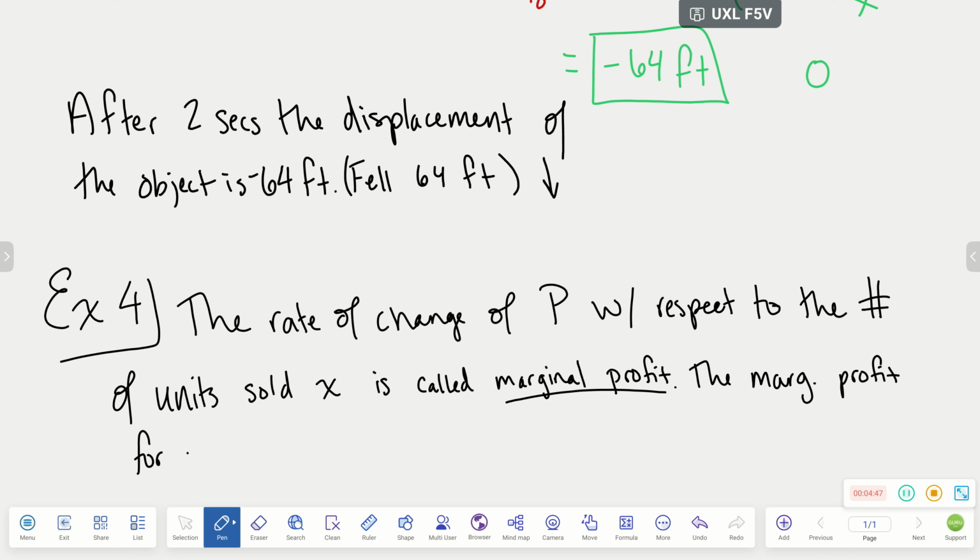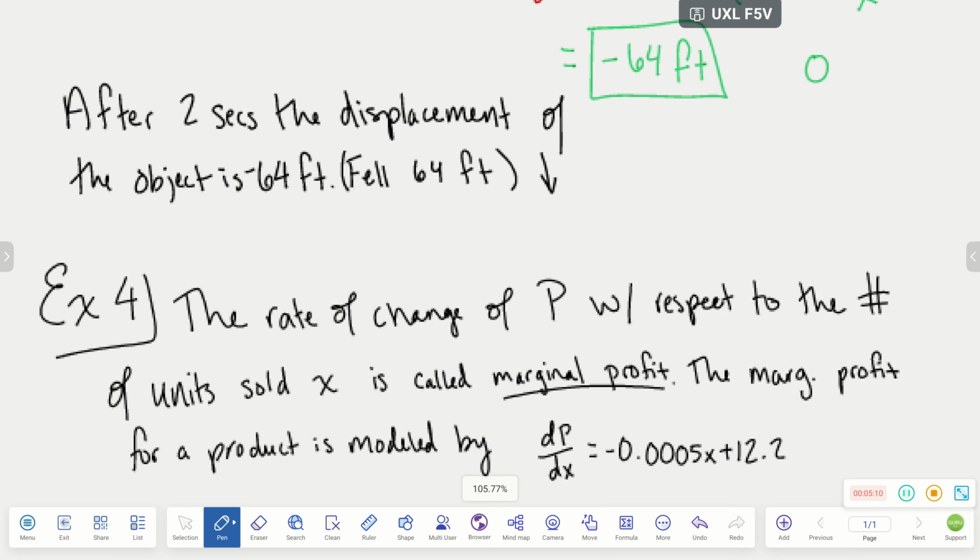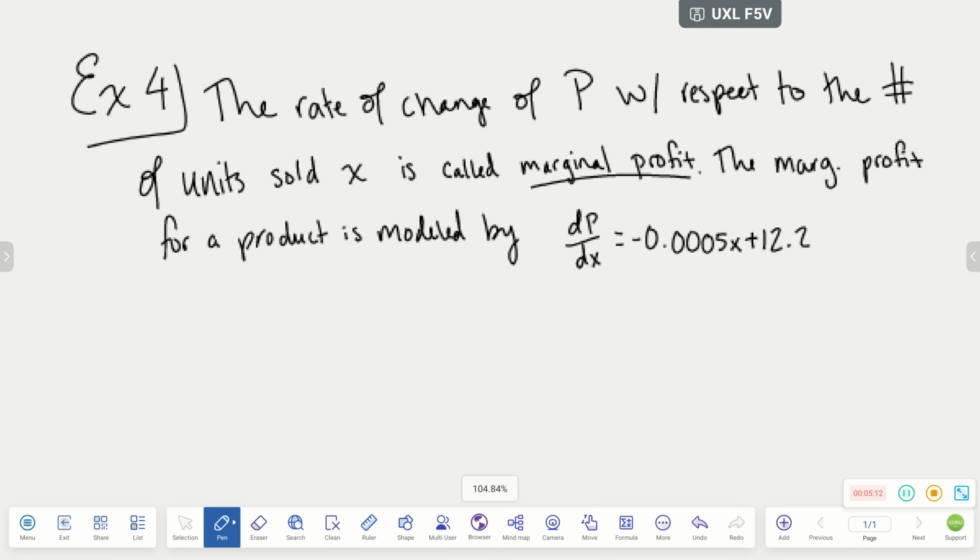for a product is modeled by dP/dx equals negative 0.0005x plus 12.2, where P is the profit in dollars.